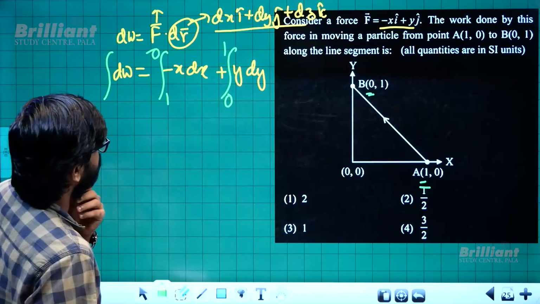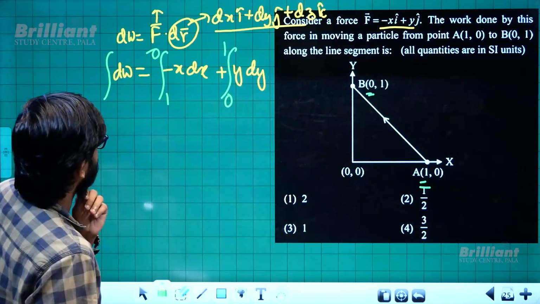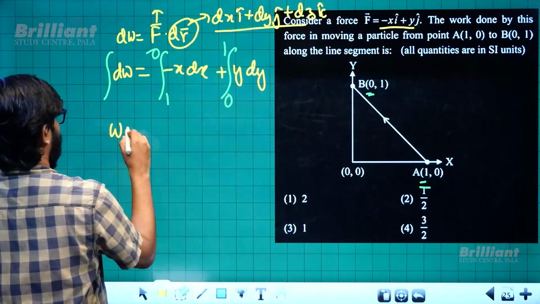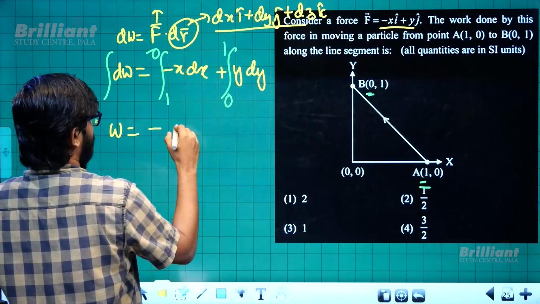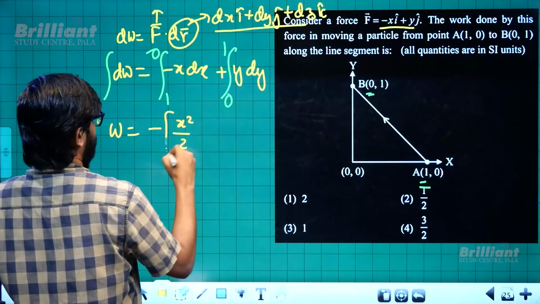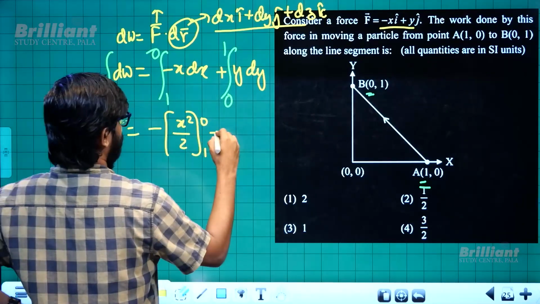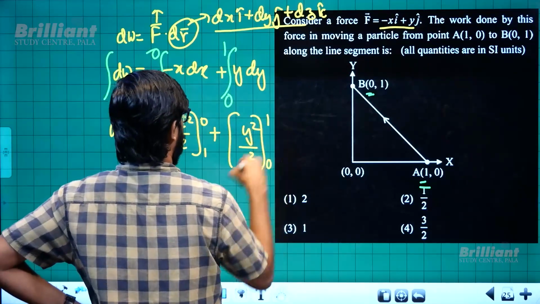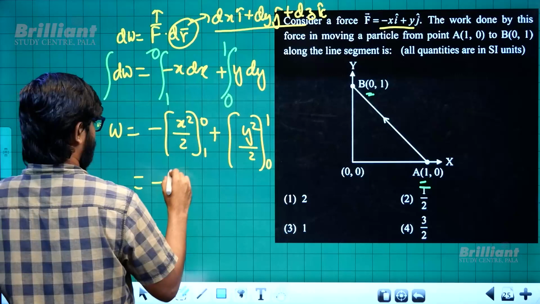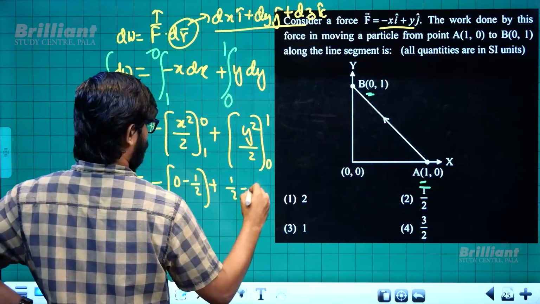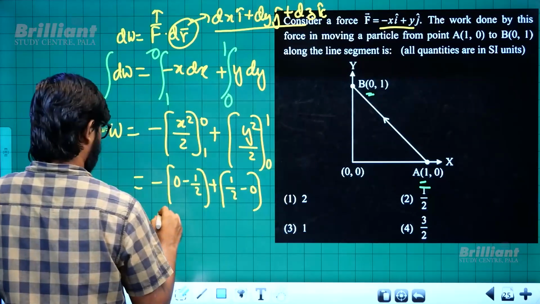So total work done equals minus x square by 2, with limits from 1 to 0, plus y square by 2, with limits from 0 to 1. So you will be ending up with 0 minus 1 by 2 plus 1 by 2 minus 0, which will turn out to be 1.